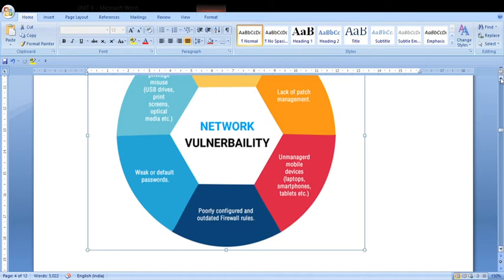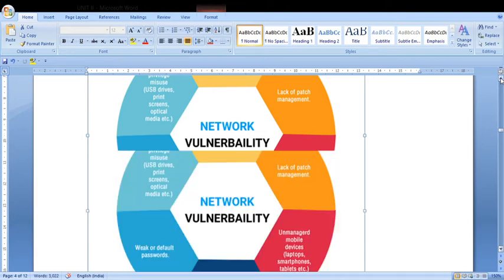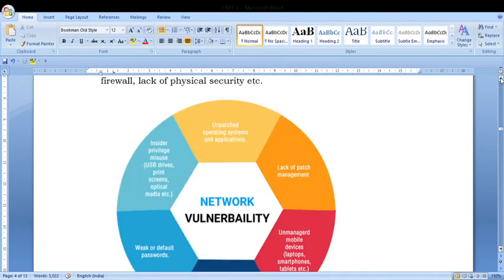Very weak passwords, in the sense everybody knows, for example, they used to keep the password like company name or company short name or specified dates that are very easy for other people to identify, isn't it? And inside privilege misuse, like USB devices, print screen, all these things they are using without permission.